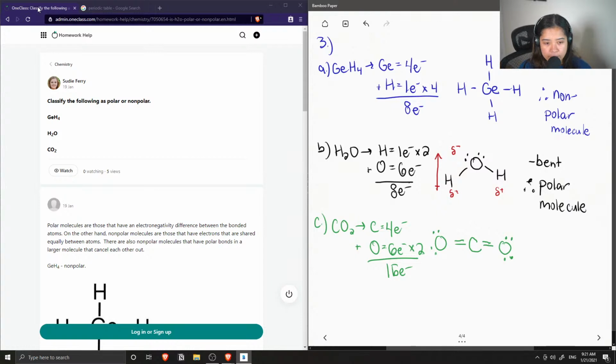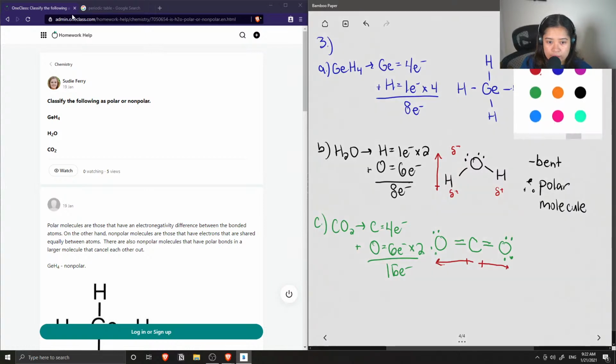Okay, so now for this molecule, our oxygens are still more electronegative than carbon, so there's going to be dipole moments going towards the direction of the oxygens. But this time they cancel each other out. So we have a linear molecule.